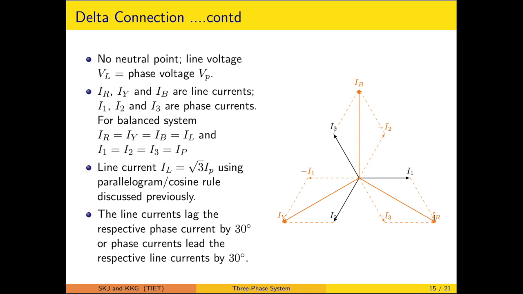So the IR is evaluated as root 3 times the value of phase current, that is I1 in this case, or you can say IP, because I1, I2, I3 will be of equal magnitude for the balanced system, so that is the IP. Now another important point, that this IR is lagging I1 by 30 degrees. So the two takeaways from this are that the line current is root 3 times the phase current, and the line current lags the respective phase currents by 30 degrees.